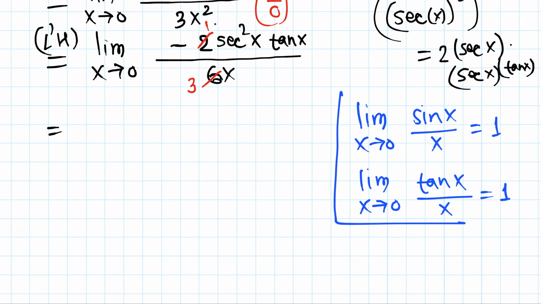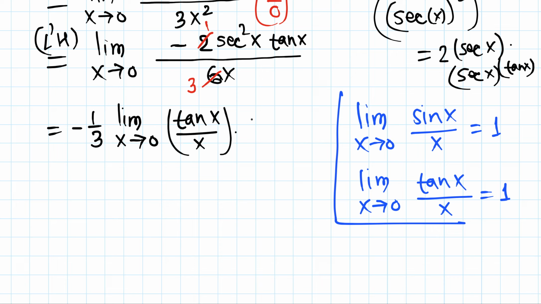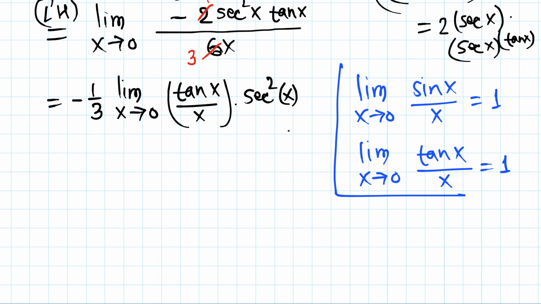The negative 1 on top over 3, negative 1/3, we can pull outside if we like. Here is now secant squared x, then tangent x over x. So I'm going to write down tangent x over x in one place and secant squared x, with or without parentheses.